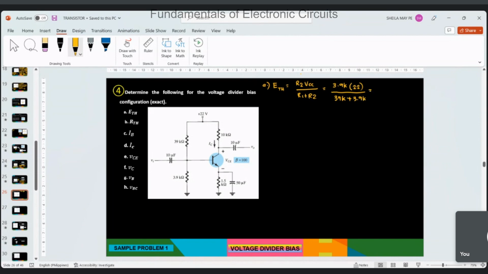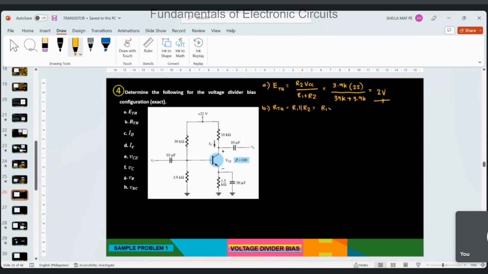And this one is equal to 2 volts. That's our ETH. Next, we need to find our RTH. And in finding our RTH, R1 is parallel with R2.